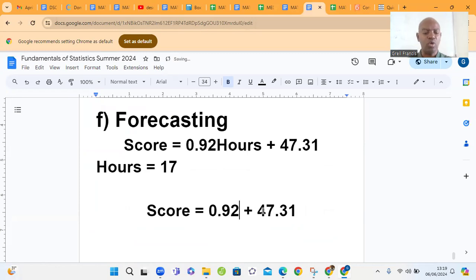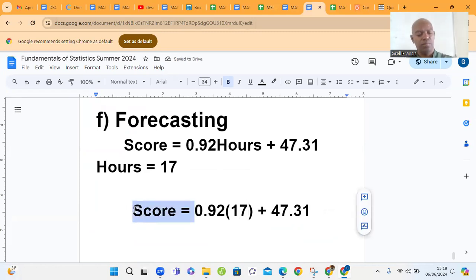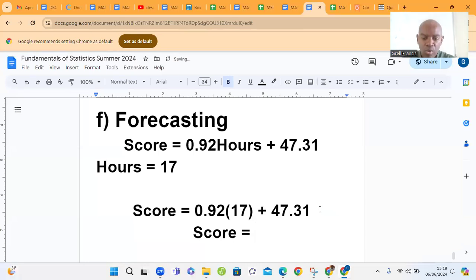So all we're going to do is to substitute 17 in the place of hours and predict what score could be obtained approximately if 17 hours of study was done. So therefore, we got 62.95%.